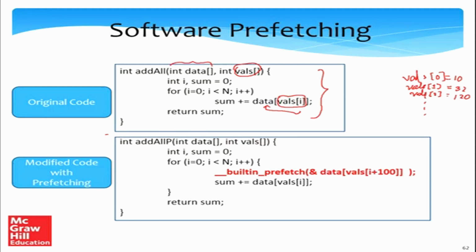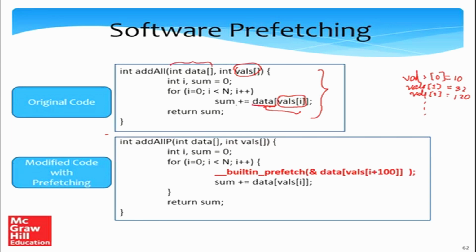So for the vals array we have spatial locality because they are accessed in increasing order of array indices, but not for the data array, where we pretty much have very random addresses. As a result, both spatial and temporal locality are not there for the data array, even though they are there for the vals array to some extent. Because entries are being accessed randomly in the data array, we'll have a lot of cache misses.